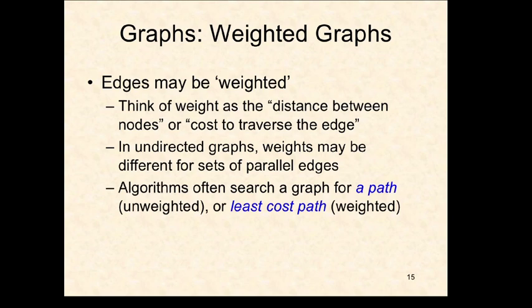Generally, when we're talking about algorithms that search on a graph, they're going to search for either a path in an unweighted graph, to say, can I get from here to there? Or if I have a weighted graph, a more common question is, what is our least cost path to get from here to there?